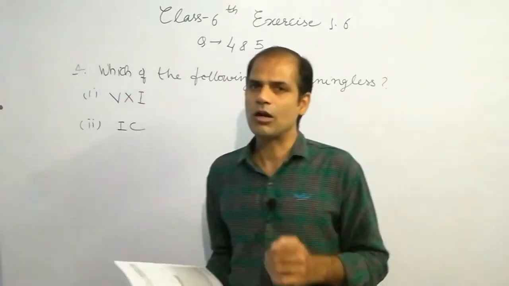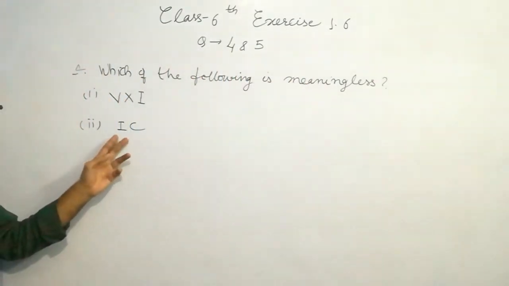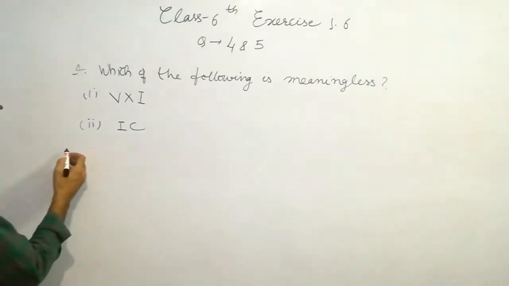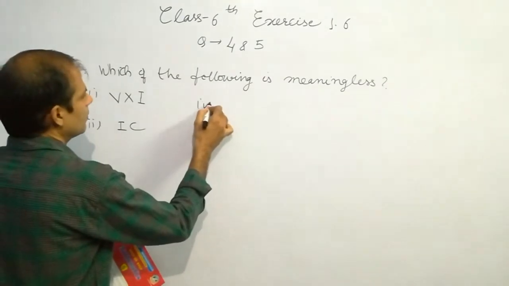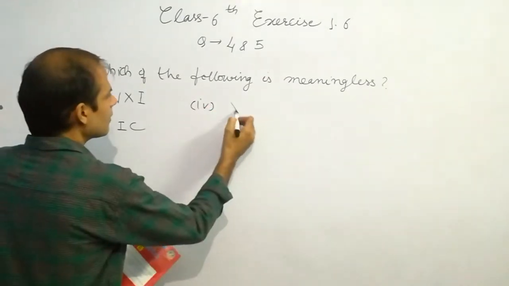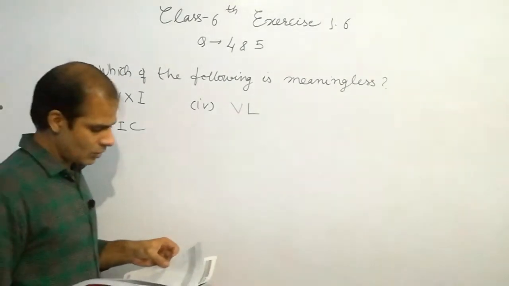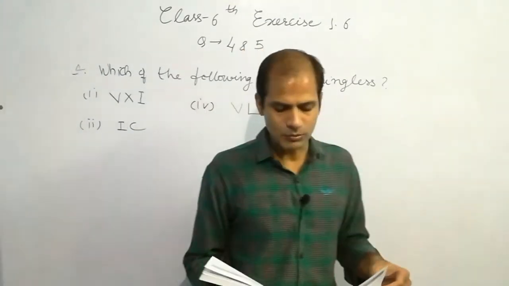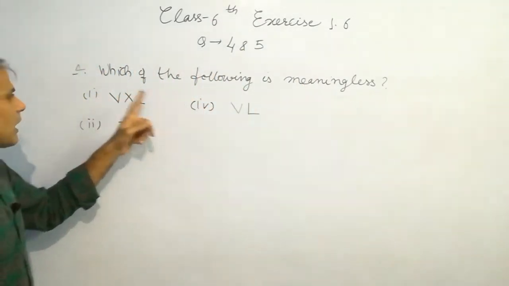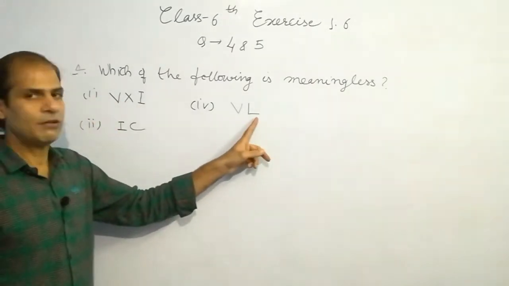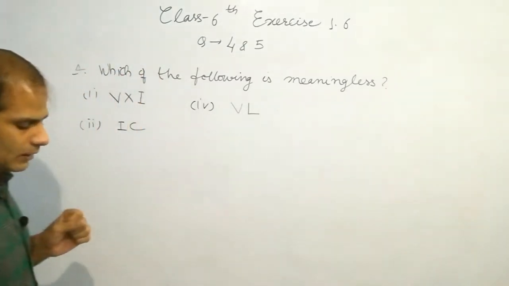It means you can write I only to the left of V and X, not to the left of any other symbol. So this is meaningless. And the next answer is fourth. Fourth is VL. Again V, L and D are never written to the left of a numeral of greater value because, listen, the property used in first and fourth is same. It is 50, it is 5. So it cannot be written before the symbol of a greater value.